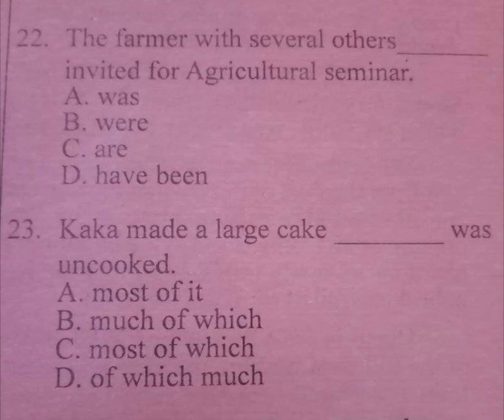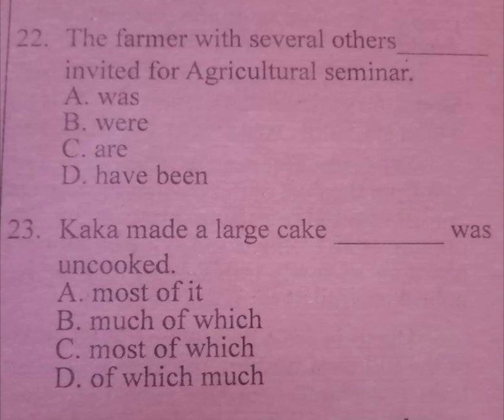For instance, if you look at this particular question, the main subject, which is the farmer, is in singular form. As such, your verb should also be in singular form, depending on the tense that has been provided. So then, the correct answer here should be: the farmer with several others, then look for a singular verb, was.